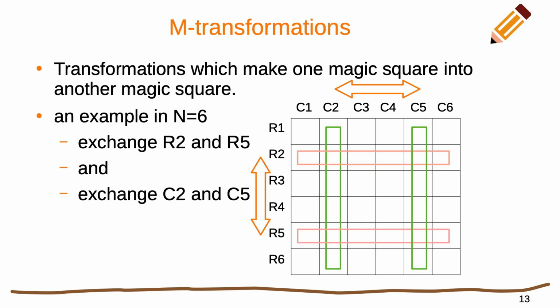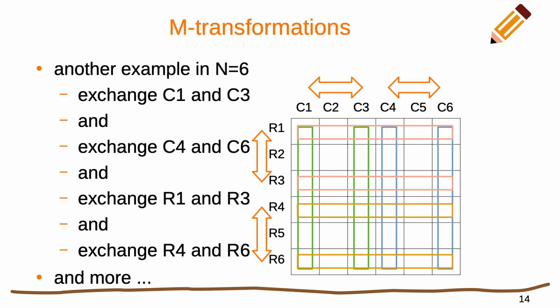M transformations are permutations of rows and columns that transform one magic square into another. Here is an example for n equals 6. If we swap rows R2 and R5 and columns C2 and C5, the resulting square is still a magic square.